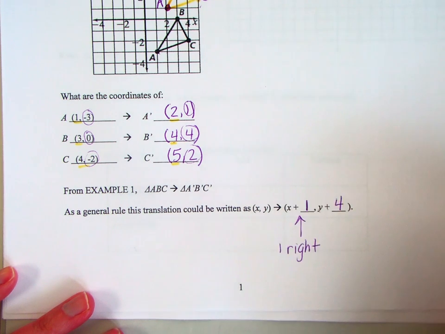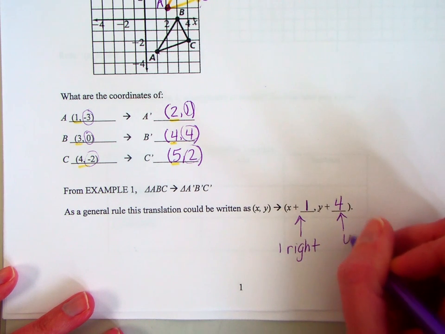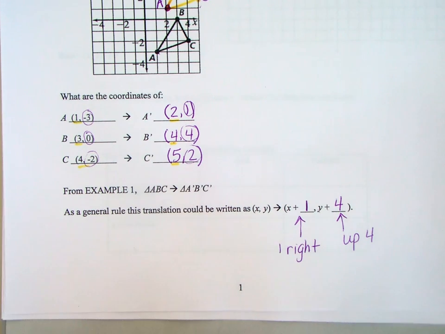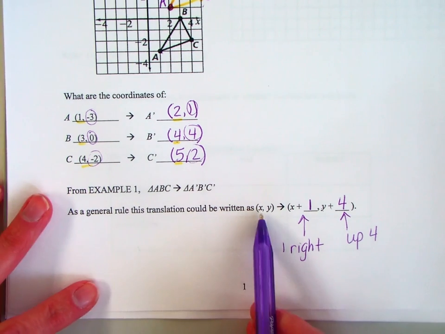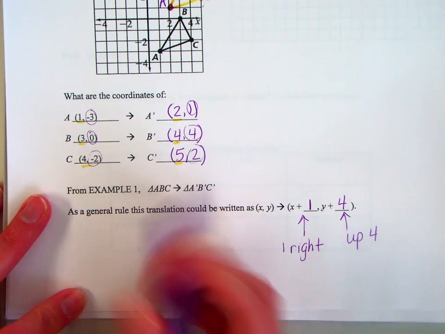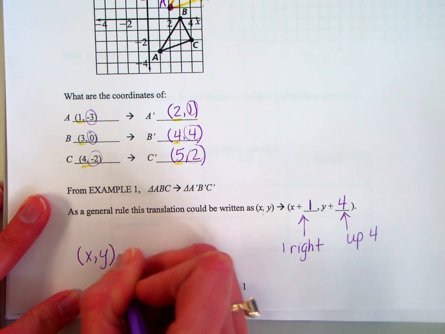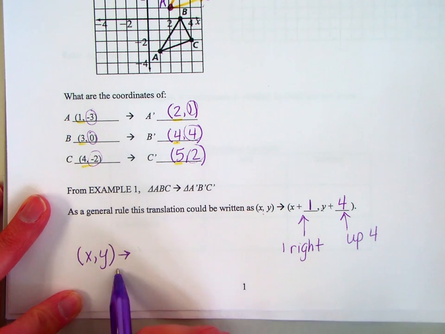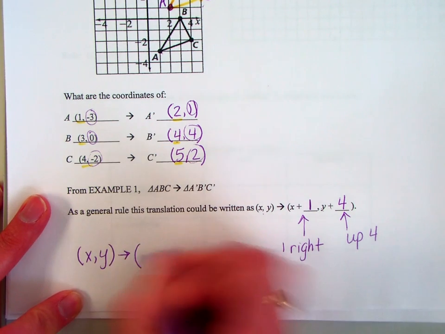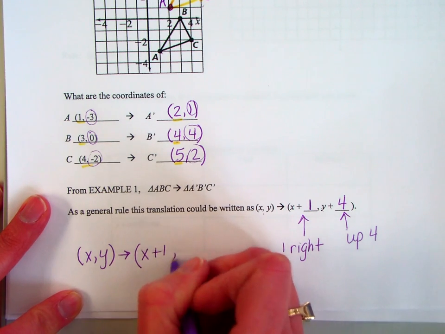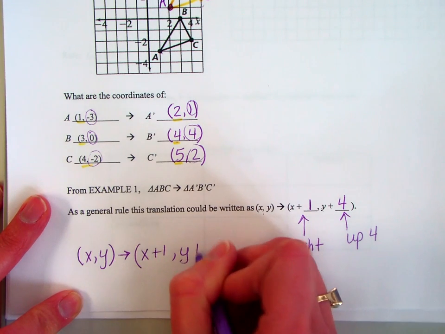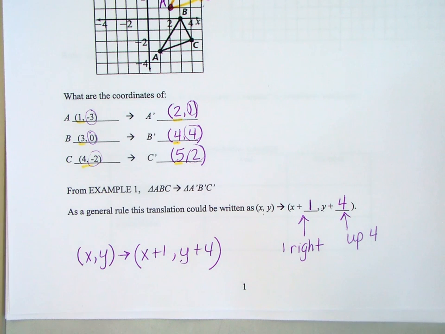And that again comes from moving up 4. So a general rule, a way that we write that, is that we have our original point, x, y, and then after the translation, it becomes x plus 1, and then y plus 4. So that's another way that you can write it, instead of saying 1 to the right and up 4.